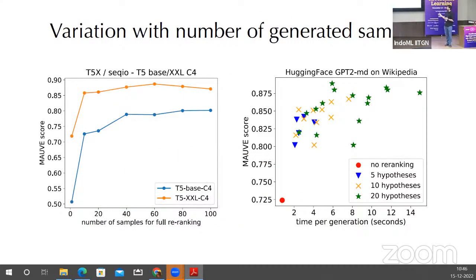I just wanted to show that on the right-hand side here, you see the cost of RankGen.